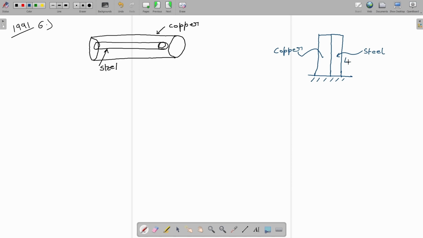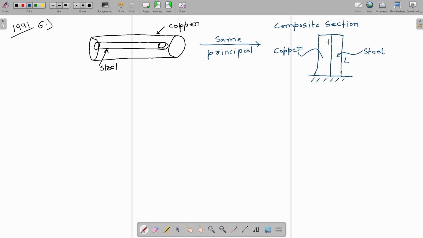Length of both the sections is L. Okay, there is a composite section. Let me write here COM. We are using the same principle, composite section.